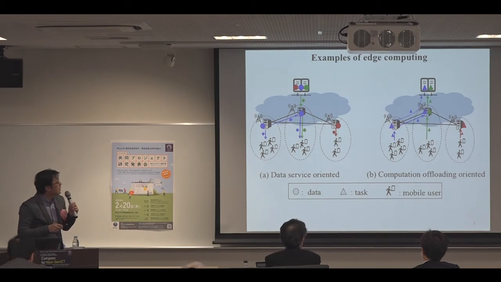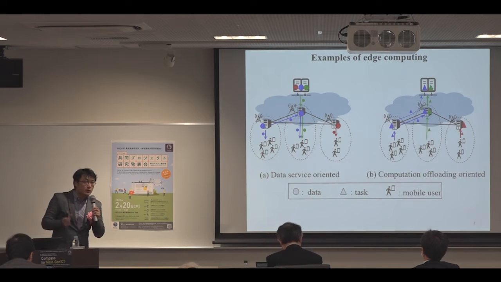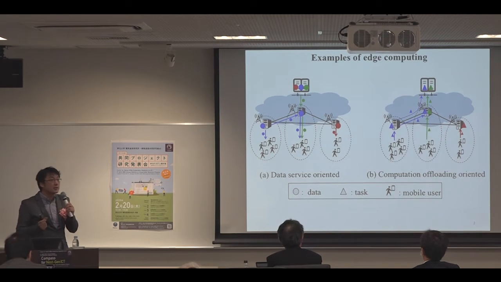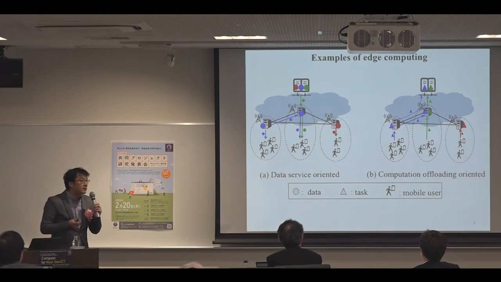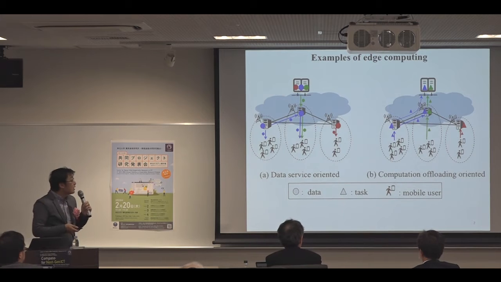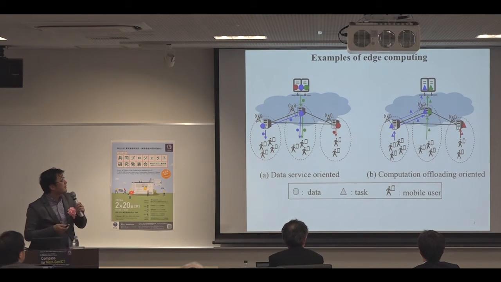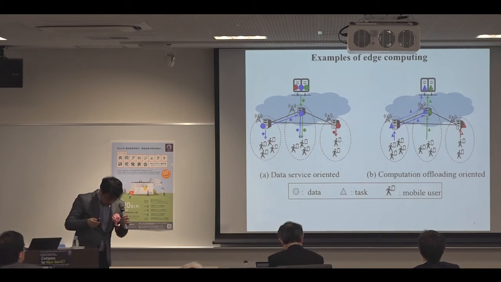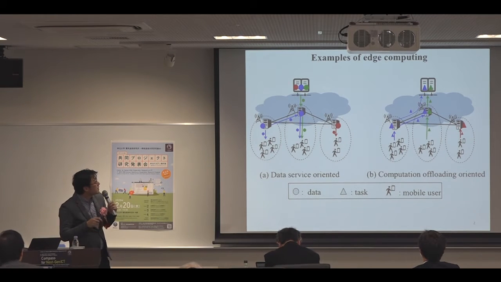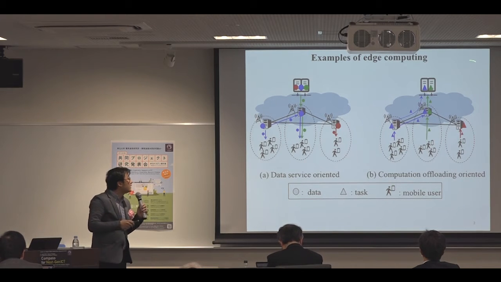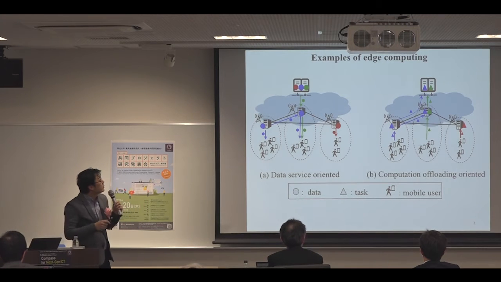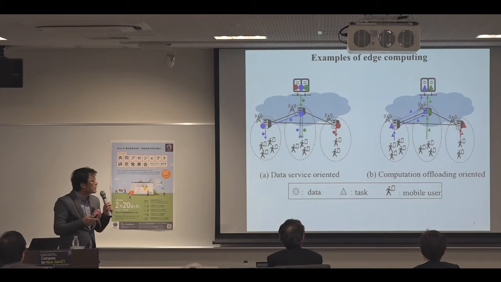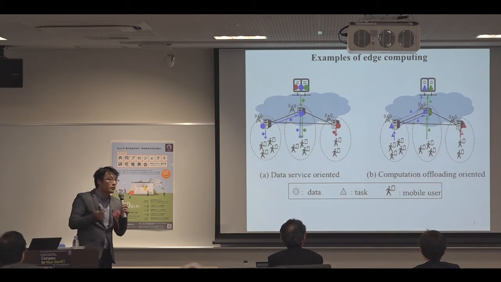In another use case, as we know, there are some mobile computing tasks that are energy consuming, like video analysis. For such tasks, the mobile devices can just upload the data to the nearby edge servers and offload the task from the mobile to the edge servers to save energy and reduce the processing time.